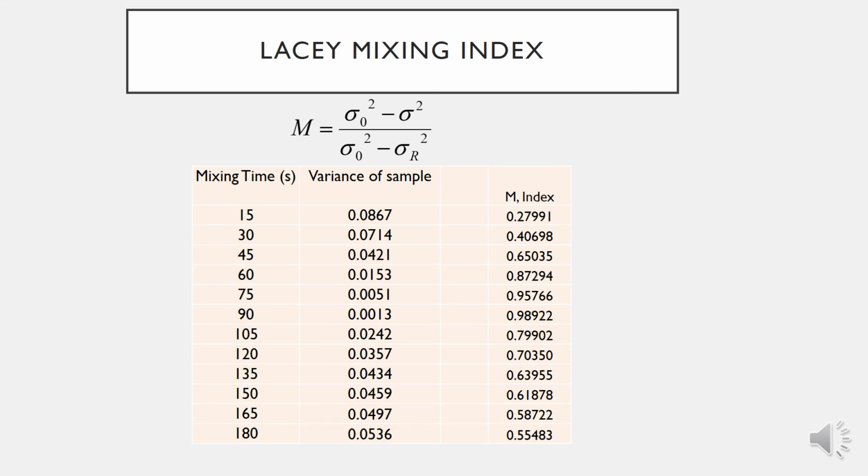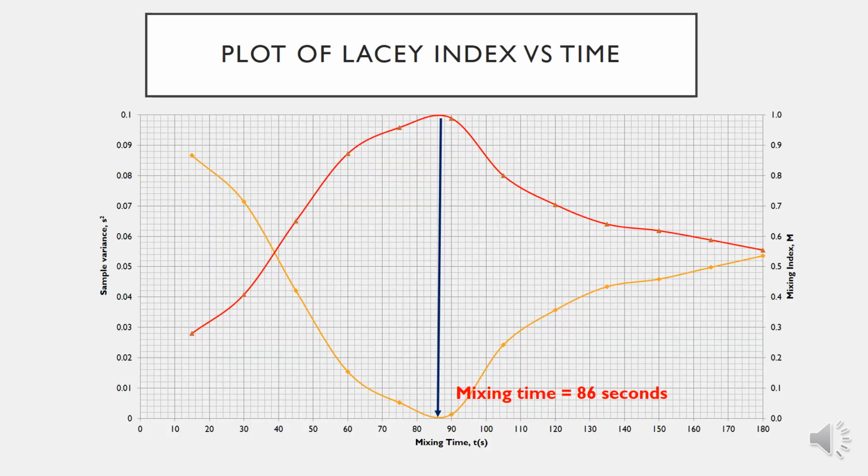If we present this data in the form of a graph, we should be able to assess the mixture. This is the Lacey index axis. As you can see, the Lacey index improved from 0 slowly up to about 1, and after that it drops. So it doesn't mean that when you spend more time mixing, it gives you a better mixture.